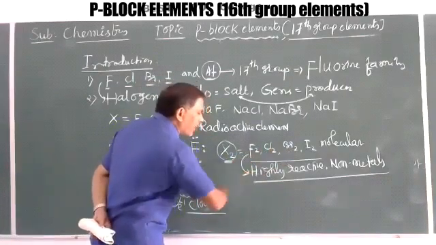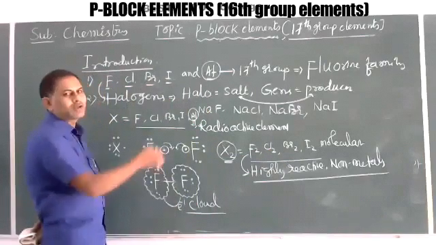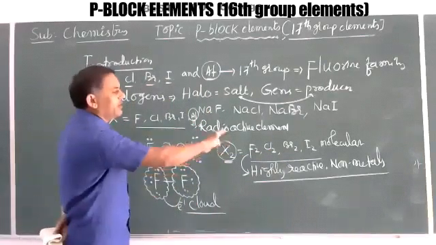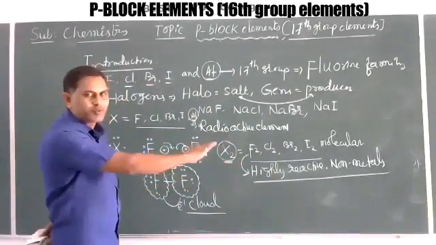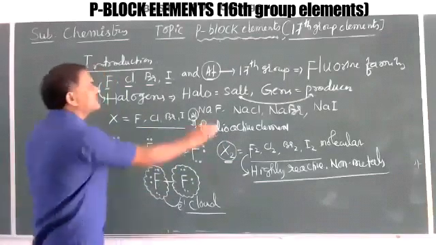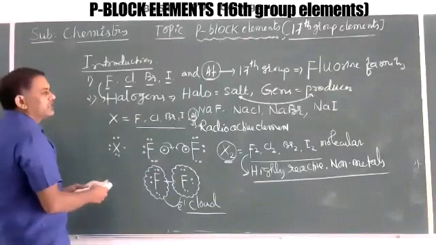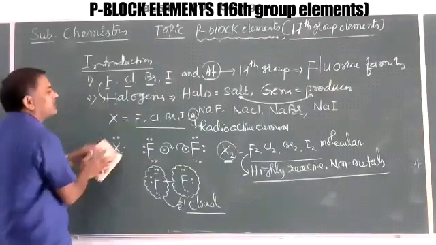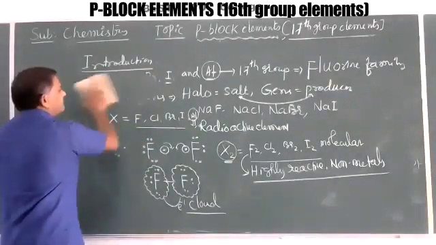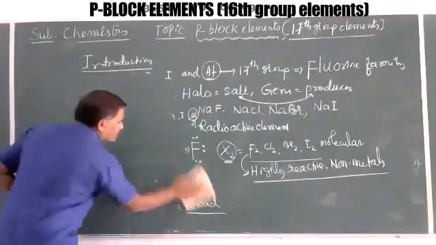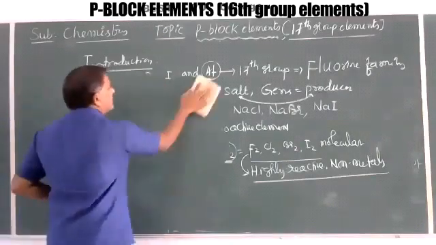And these molecules are highly reactive in nature, non-metallic in nature. But their non-metallic nature, top to bottom, slowly decreases. I'll explain that. After this simple introduction about 17th group elements, occurrence of halogens.